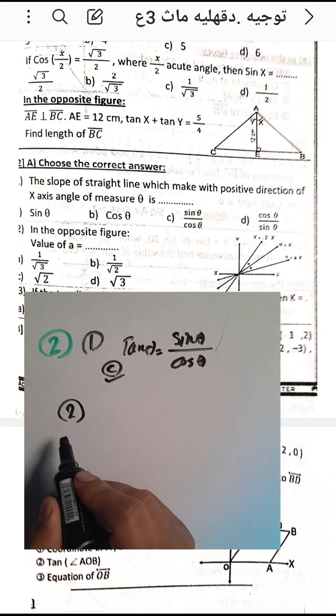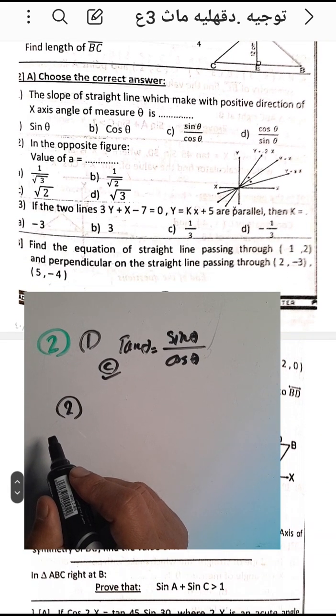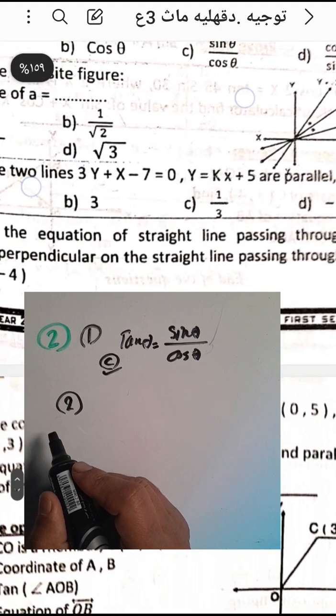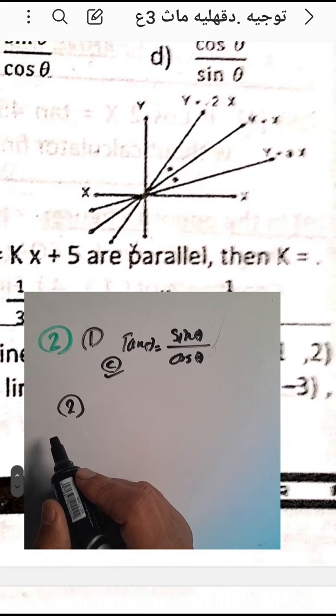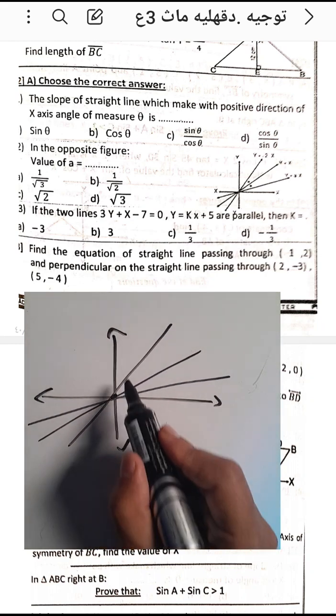Question number 2. In the opposite figure, find the value of A. We have 3 straight lines passing through the origin point here, and you want to find the value of A. We have straight lines L1, L2, L3, and this angle equals this angle.